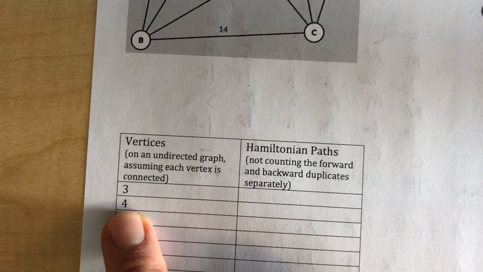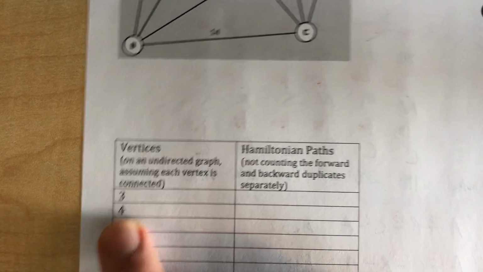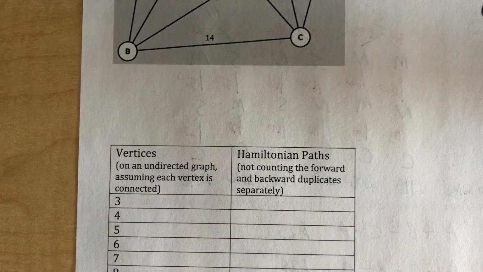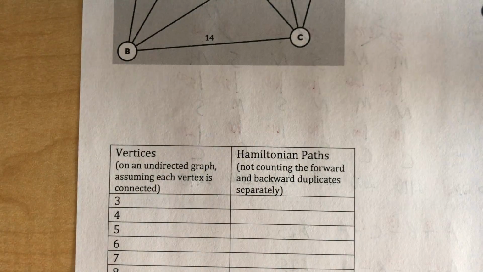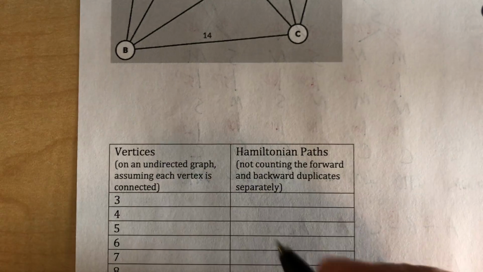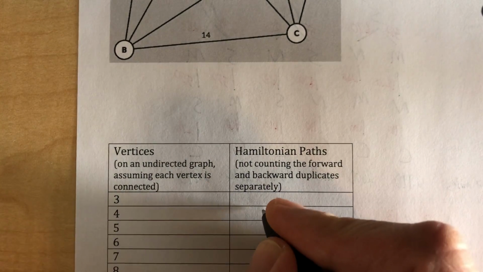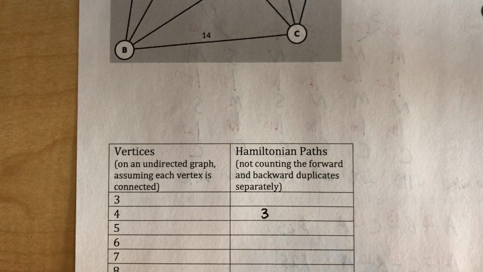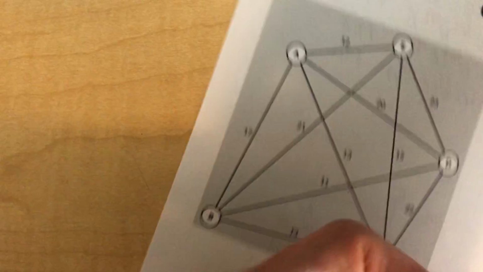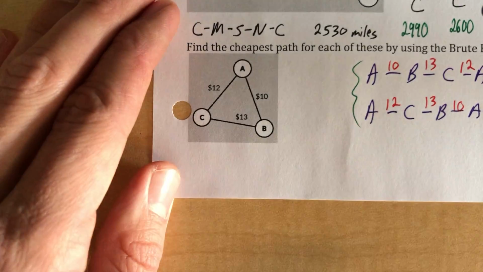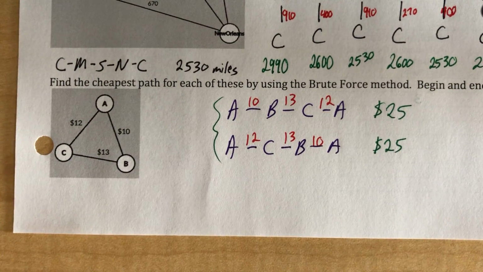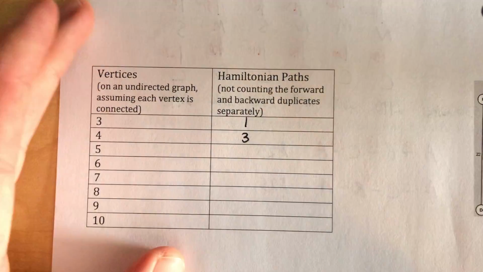If I have 4 vertices, and each vertex is connected, it's undirected, so it's not different going from one place to the other than it is coming back. Then I had 3 possibilities. When I had, and here's the easy one, 3 vertices all connected, I really just had 1 possibility. I can list it twice, but again, it's the reverse of it.